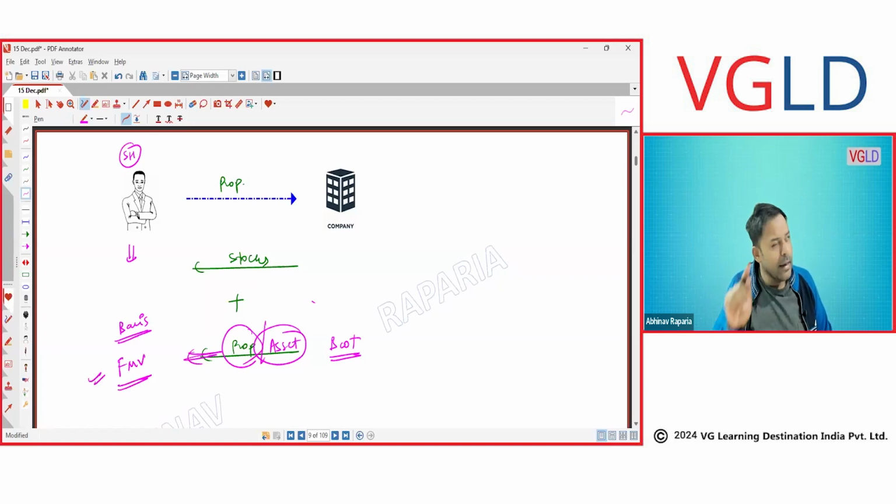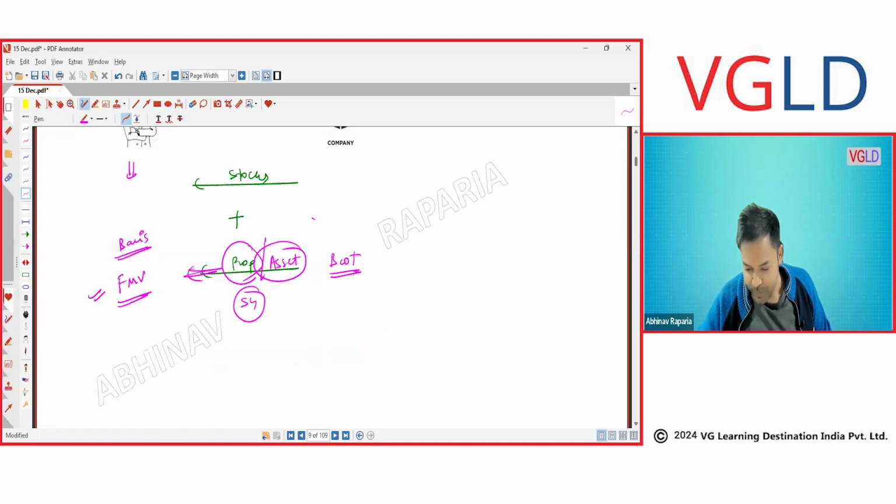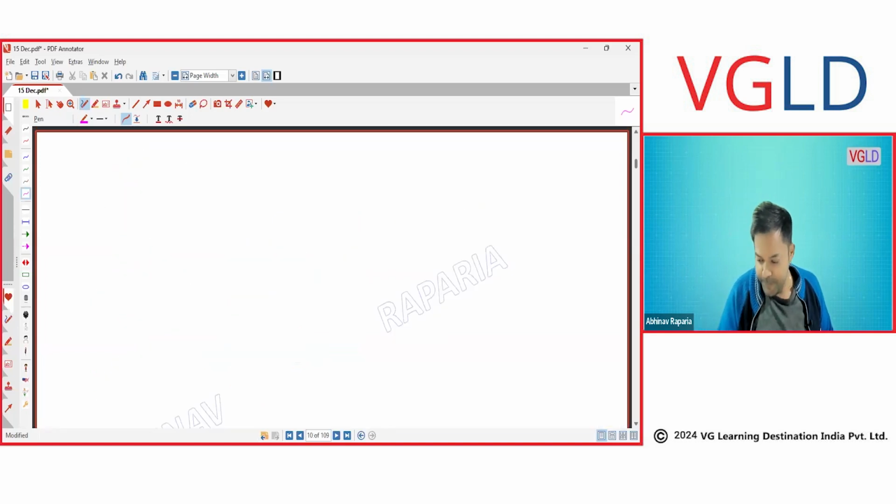Is it not the same thing we have done in step number 4? What was step number 4?